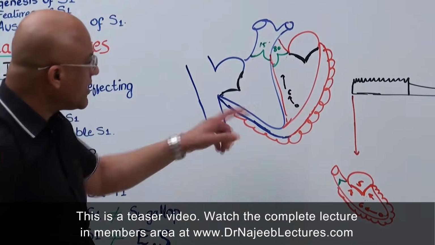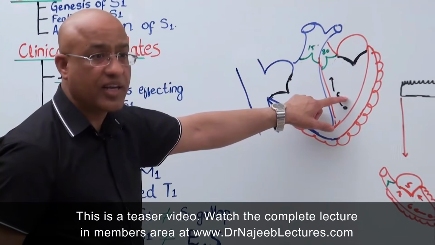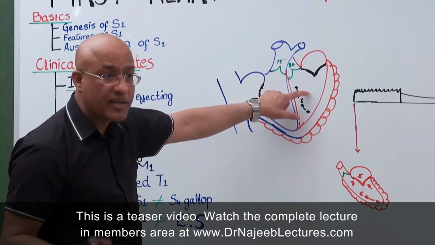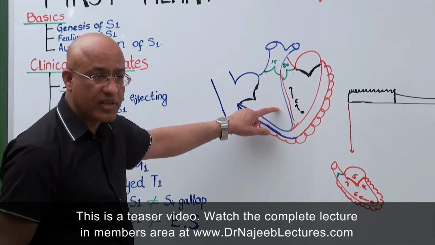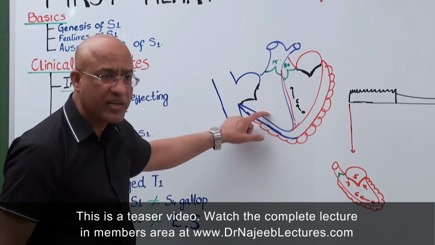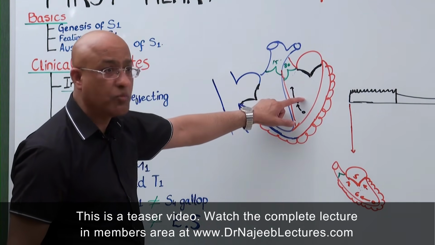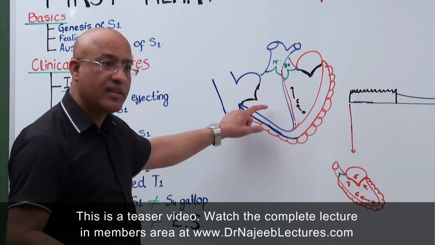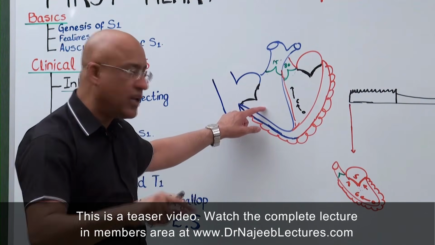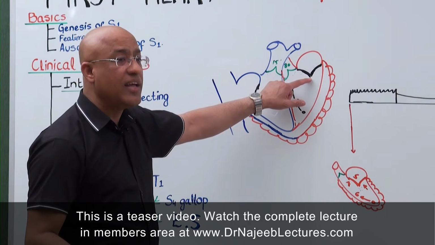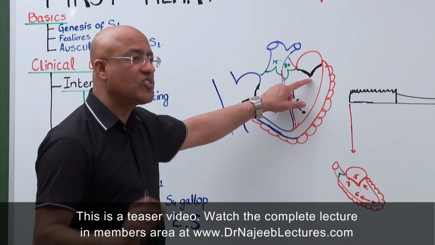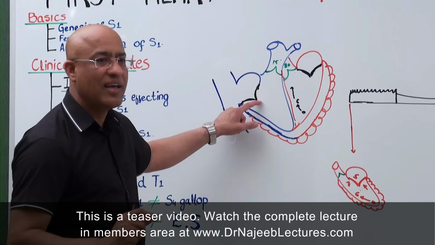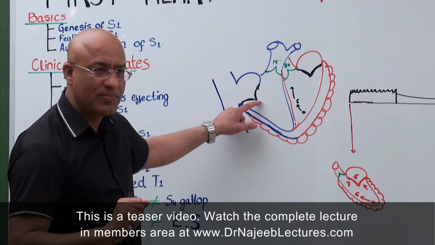Now, when both of the ventricles contract, the pressure in the left ventricle rises more rapidly than the pressure in the right ventricle. As you know, the left ventricle is stronger than the right ventricle. So as pressure rises more steeply in the left ventricle, the mitral valve closes slightly earlier than the tricuspid valve.